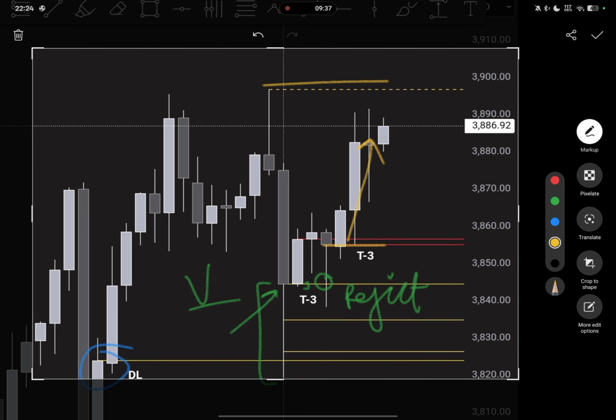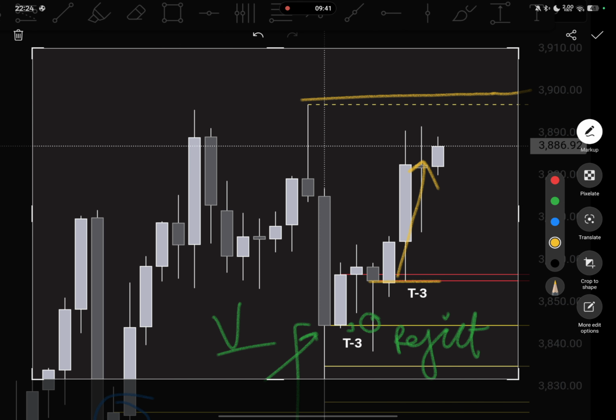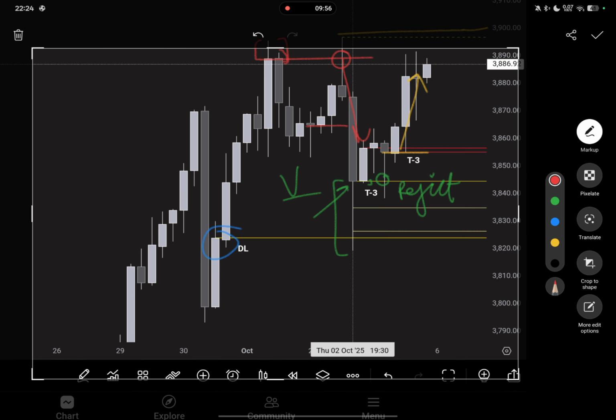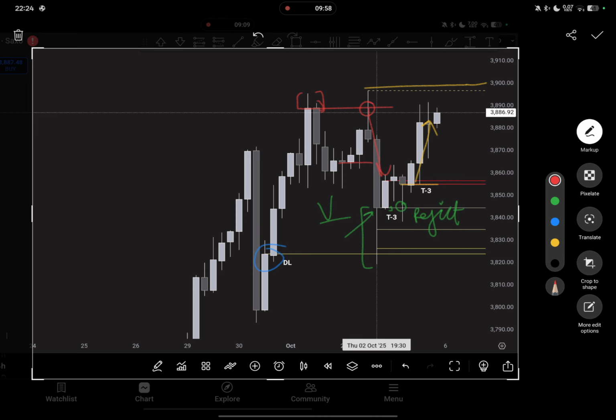Okay, and 3900 is the first target, and then 4000 again. How did this sell come about? It's a T3 resistance, first candle wick is bigger than second candle wick. You can say tap here and you can clearly see how well price moved. T3 support. Okay, so everything is in front of you guys.